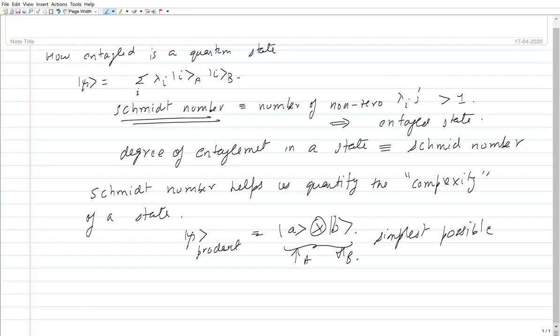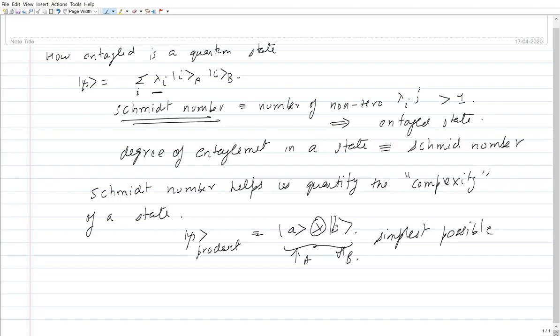And the more the Schmidt number is there in a Schmidt kind of a decomposition, we say, well, the state is more complex. It is the furthest away from factoring that state.